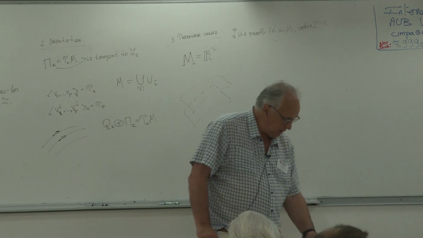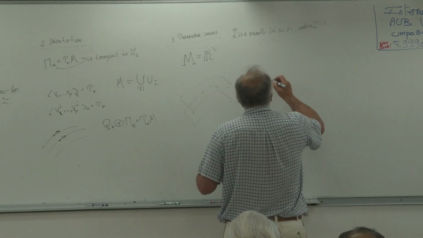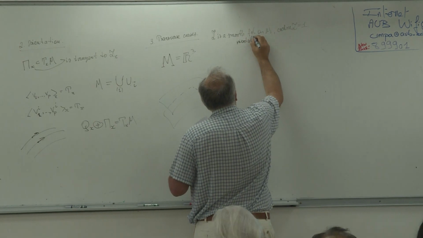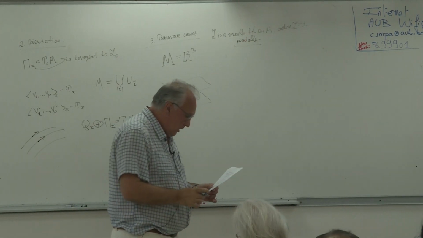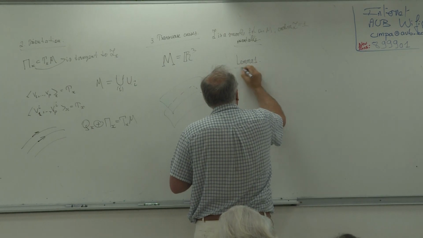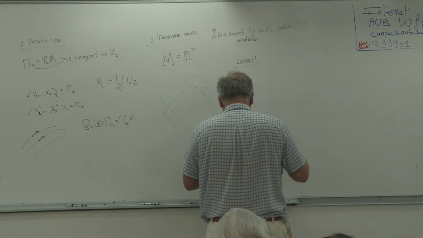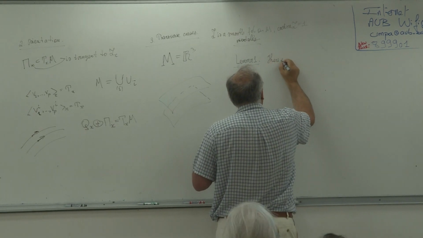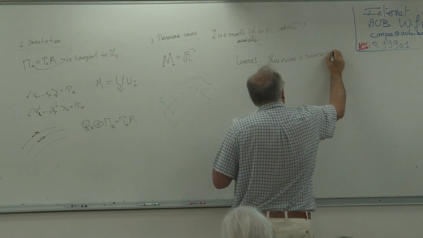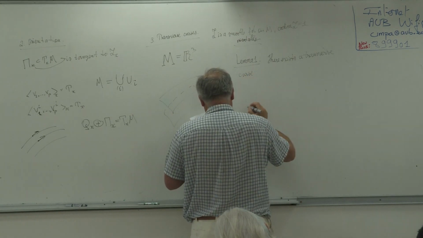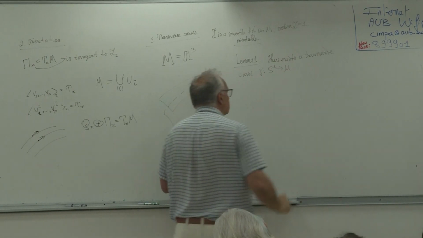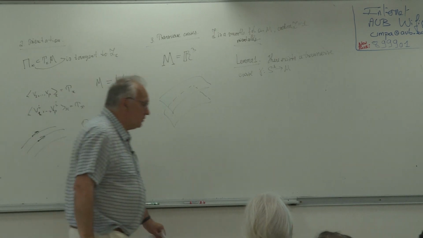And lemma 1. Everything is orientable. And now lemma 1: there exists a transverse curve gamma from S^1 to M, transverse to L, to the foliation.